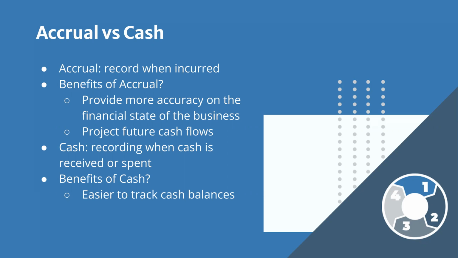If I keep my books on an accrual basis, does that impact my taxes? That's a yes and no question. You can run your books on an accrual basis and still be a cash basis taxpayer. We have a lot of clients like that. But if you are an accrual basis taxpayer, then yes, it will. You're going to be paying taxes on what's been accrued, not necessarily what's been received or paid.